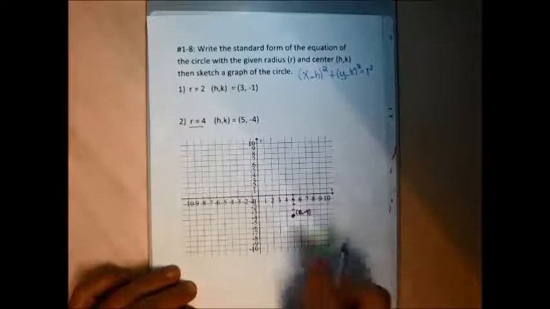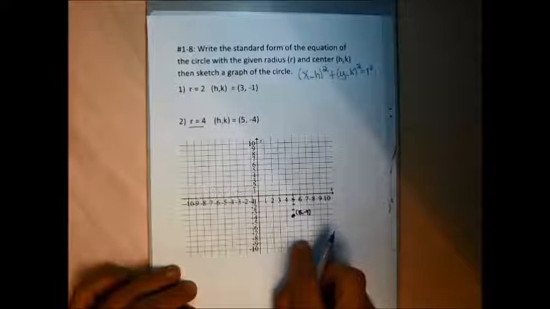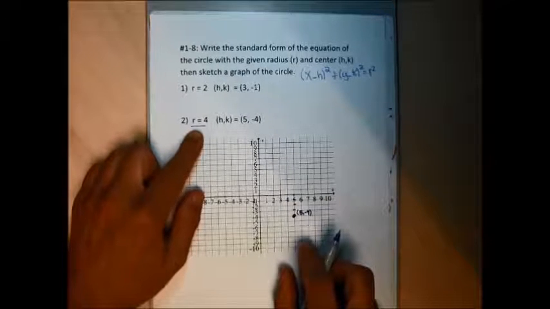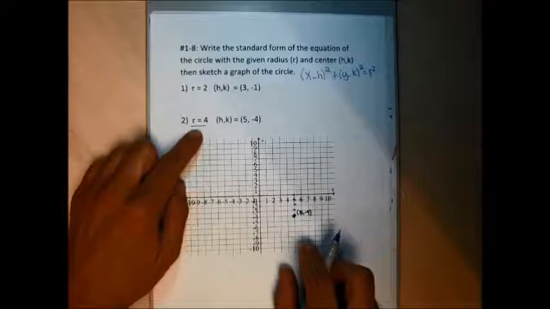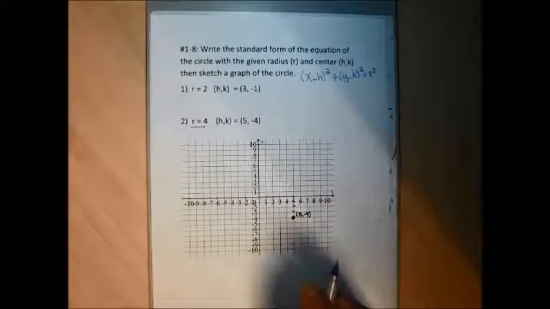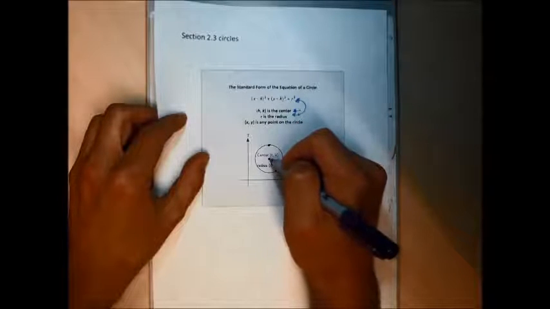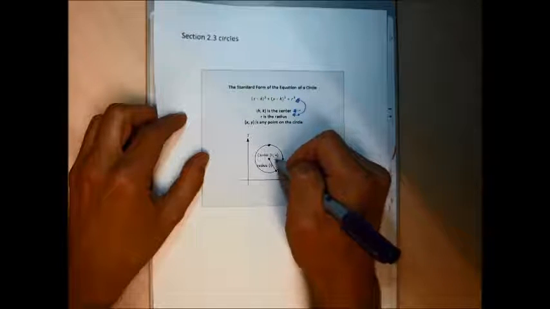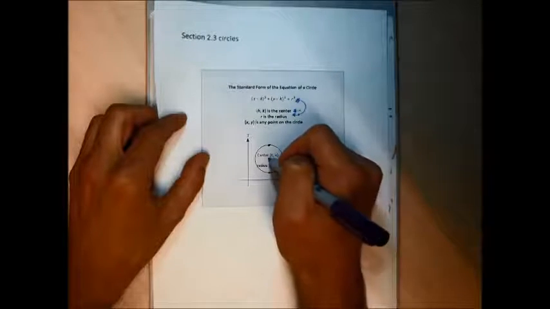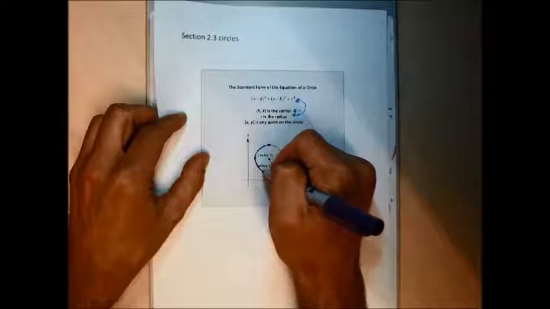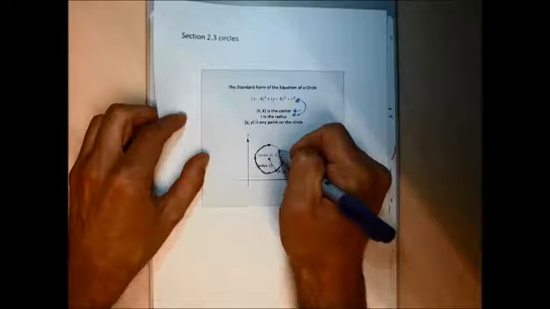From the center, because the radius is 4, I'm going to go left 4, right 4, up 4, down 4, and each time I'm going to mark a point. Those are all going to be on the boundary of my circle. So I'd go up to the edge of the circle, right to the edge, down to the edge, and left to the edge, and then I'd actually draw that circle in. So what I'm going to do is give myself some anchors.